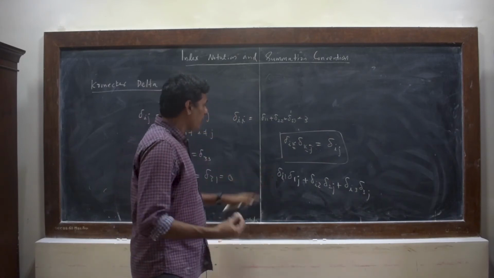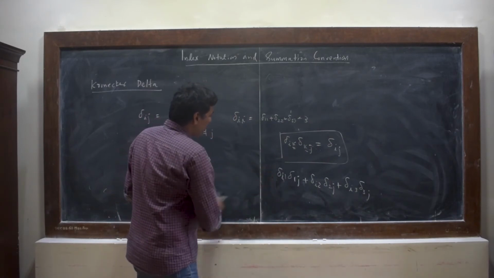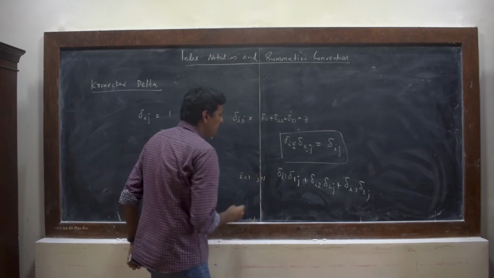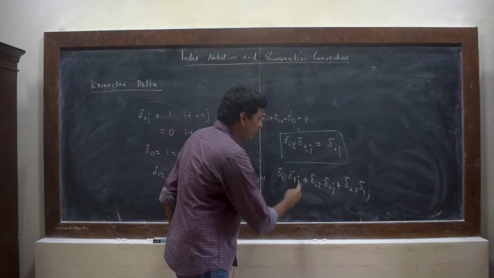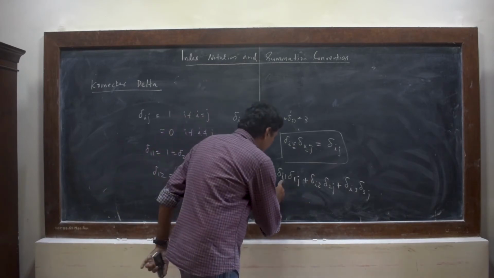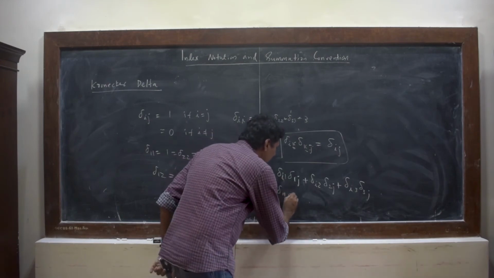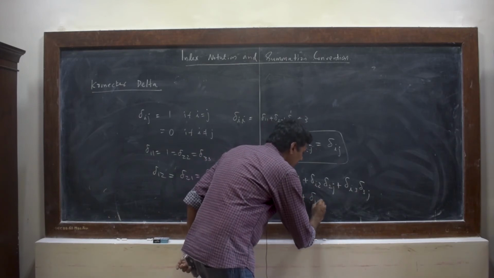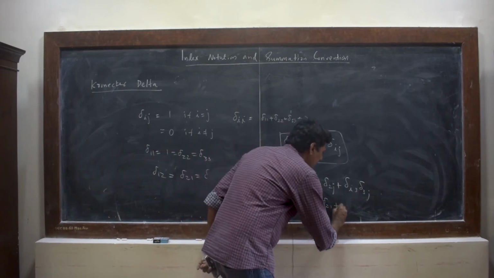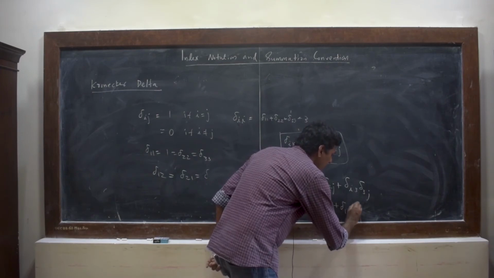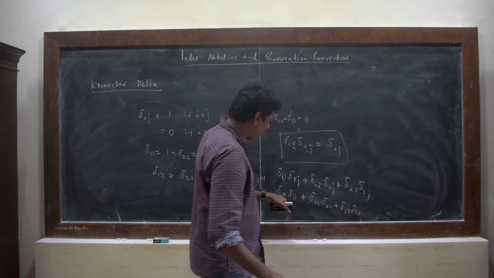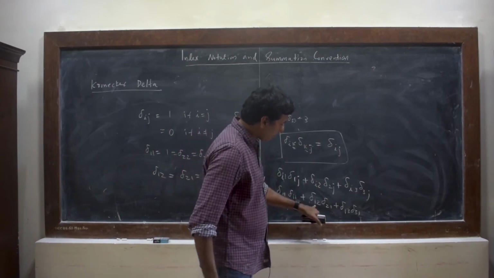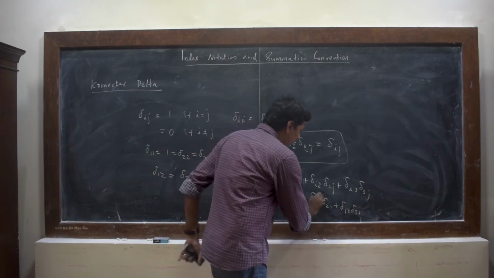Suppose that i equal to 1 and j equal to 1, then what will you get? You will get delta 1 1, delta 1 1 plus delta 1 2, delta 2 1 plus delta 1 3, delta 3 1. Delta 1 1 is 1, this is 1, so you will get 1, and here you have delta 1 2, delta 2 1, this is 0 and this is 0.